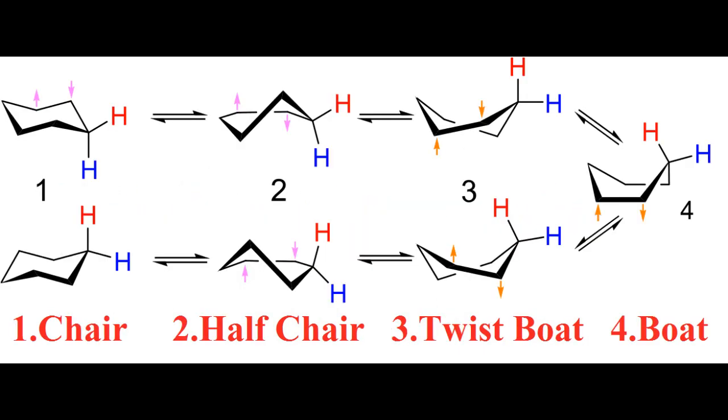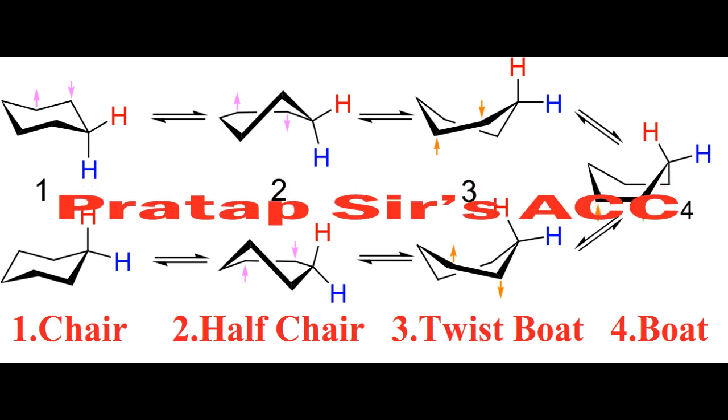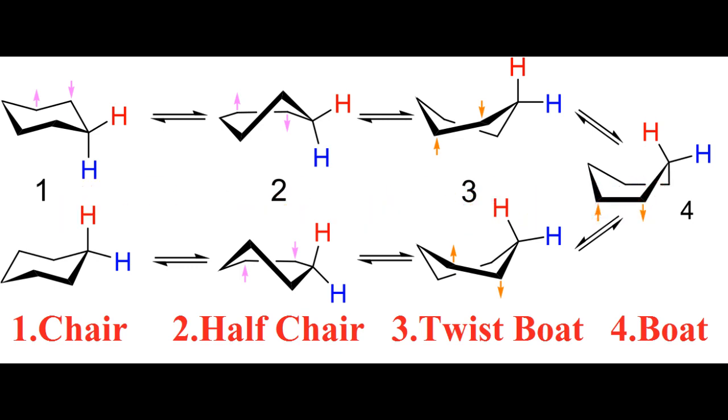Okay, one most important thing to be realized is that during the chair flip, the axial hydrogen atoms become equatorial and vice versa. Look at the top left chair form of cyclohexane.